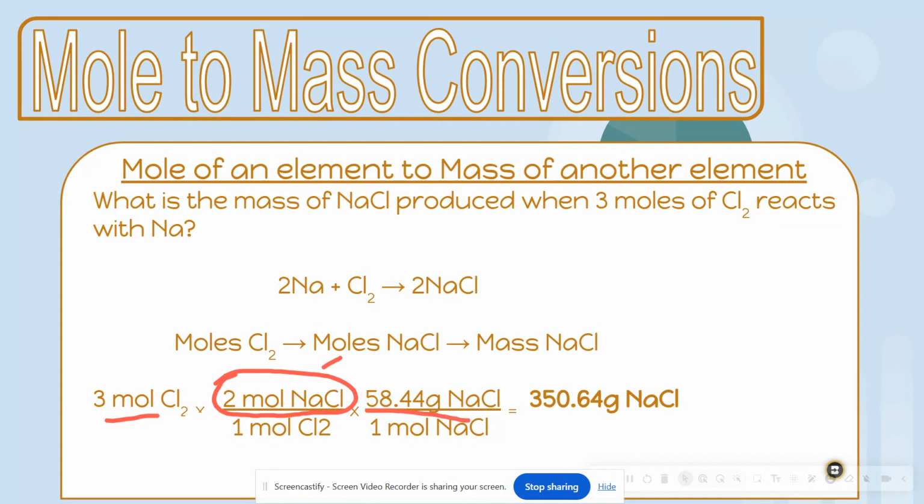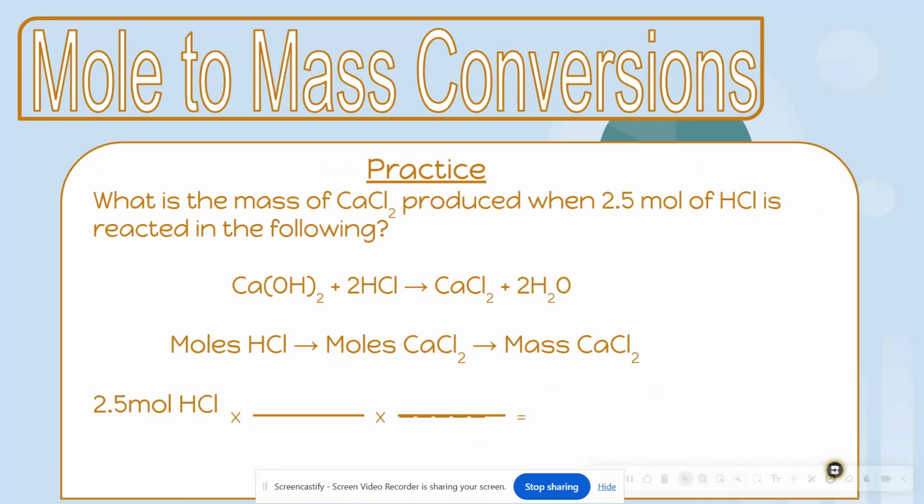So we calculate the molar mass of sodium chloride, and then we can find the overall mass of sodium chloride that would be produced if I used 3 moles of chlorine. So let's go ahead and practice this.